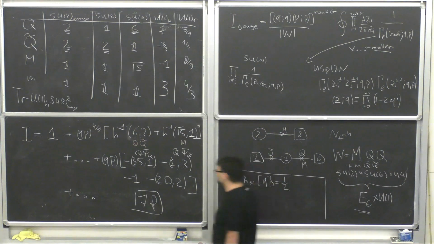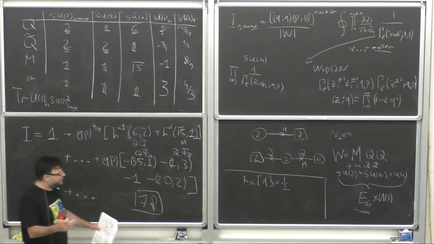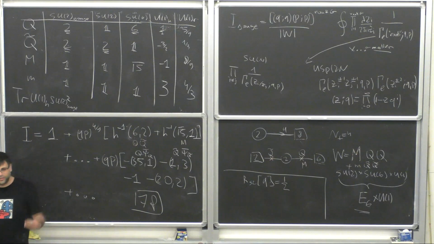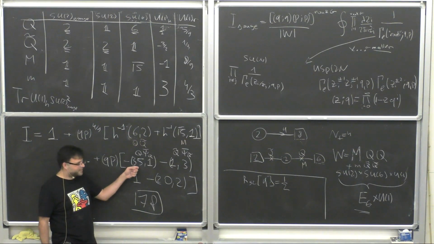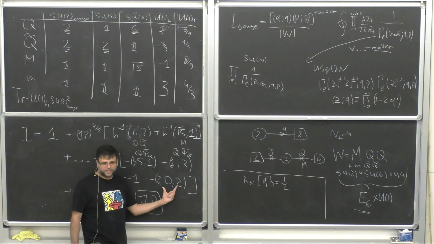Now, moreover, the E6 has SU2 times SU6 as a maximal subgroup. You can decompose the adjoint of E6 into representations of SU2 times SU6. If you do that, what you will get is exactly that. You will get 35 of SU6, you will get 3 of SU2, and you will get this guy.